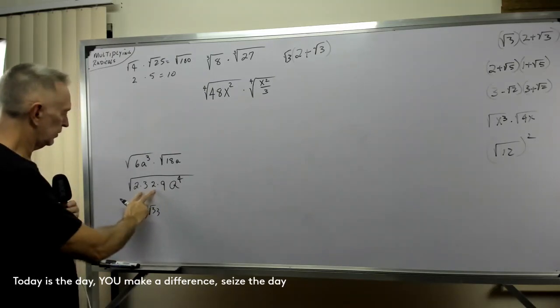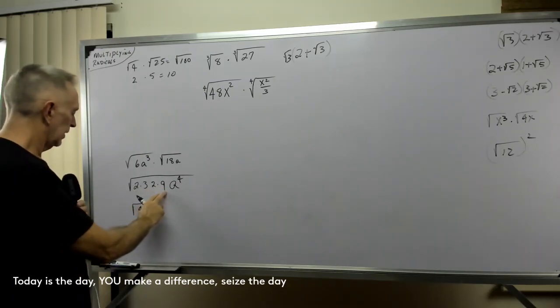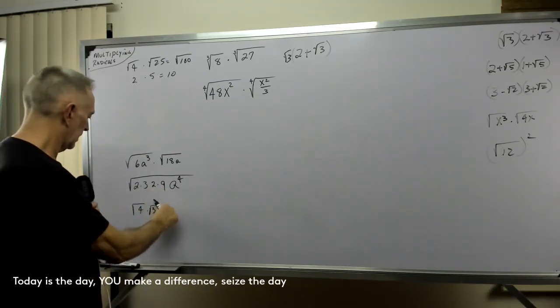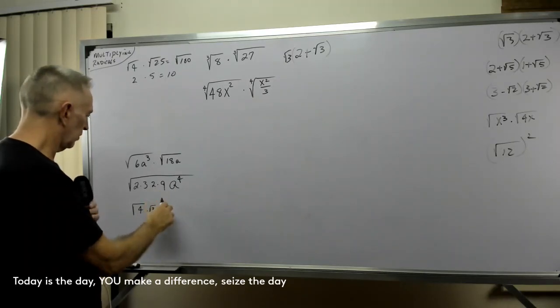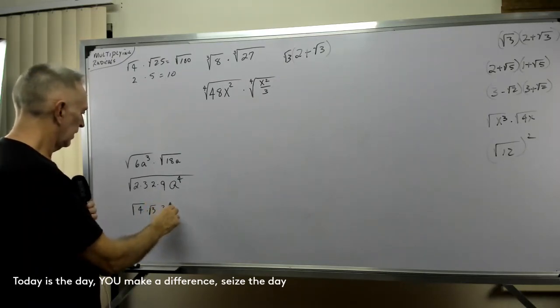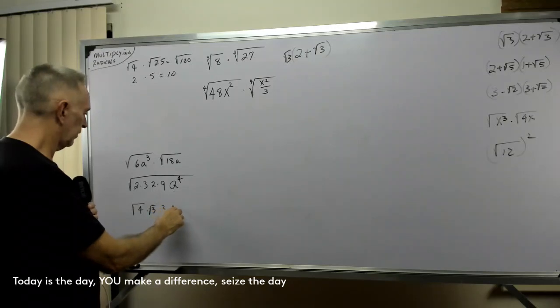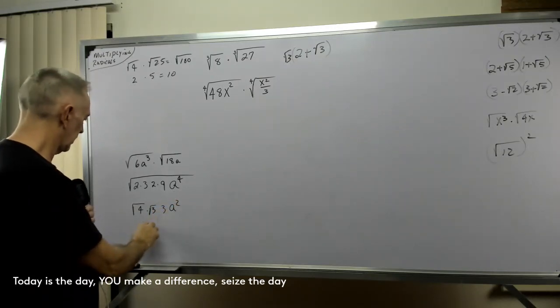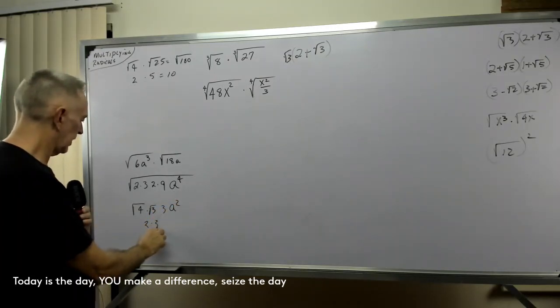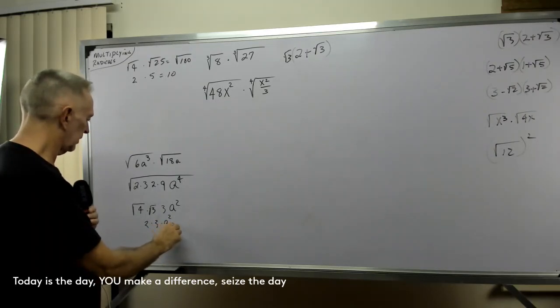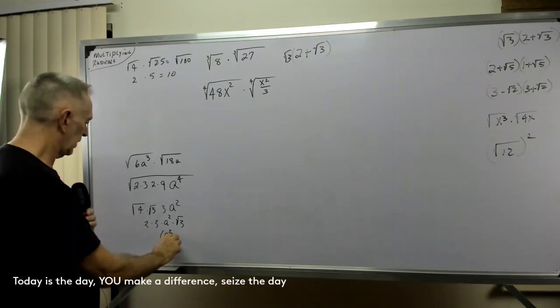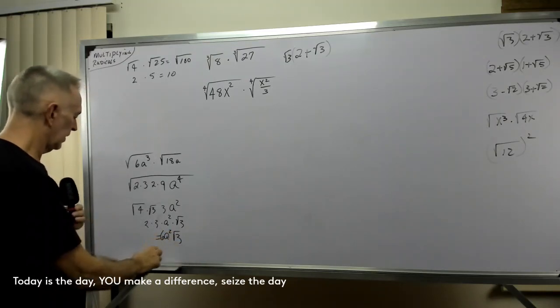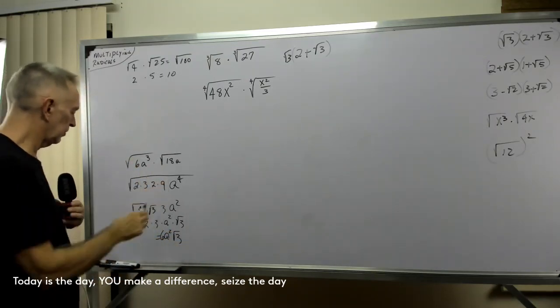So that was these numbers here. Times square root of 9, which is 3. And then the square root of a to the 4th, which is a squared. So I have 2 times 3 times a squared times the square root of 3. So 6a squared square root 3. That's what that square root equals.